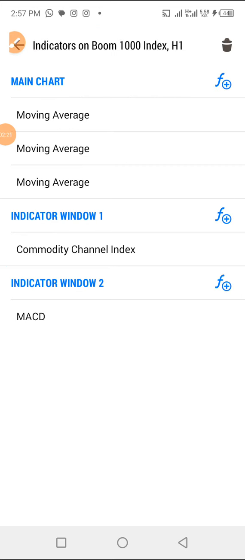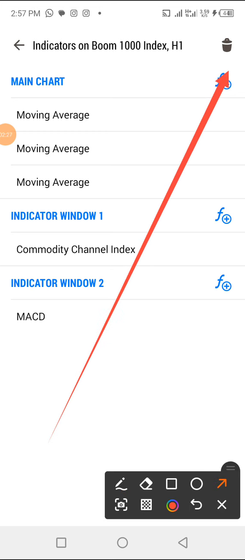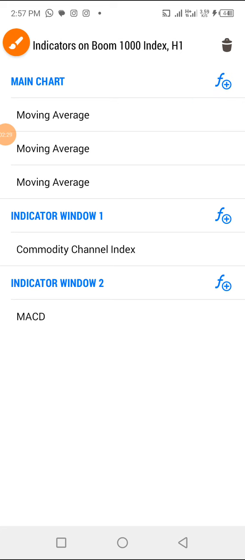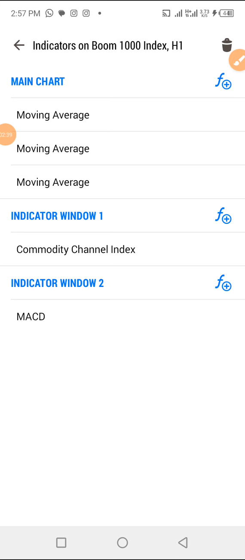Yours might not be showing this, so you have to click on this plus sign to take you to where the indicators are. When you click on it, you'll be able to choose any of the indicator settings from this drop down. Now we have three indicators in the main chart and then two other different windows.